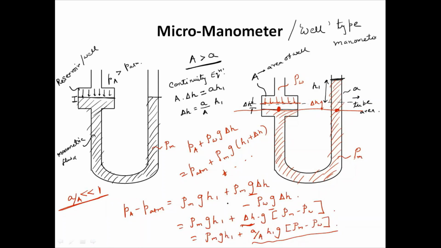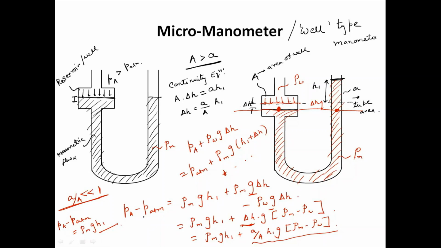So in that case, you can simply write that the pressure difference is equal to rho M G H1. Simply you can write it.